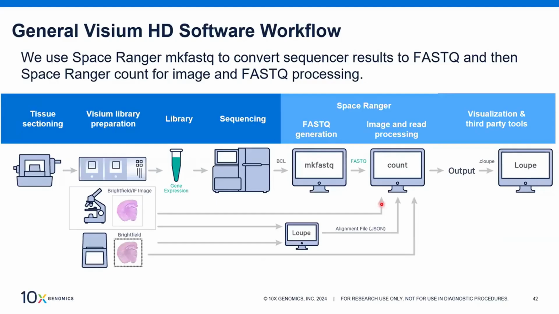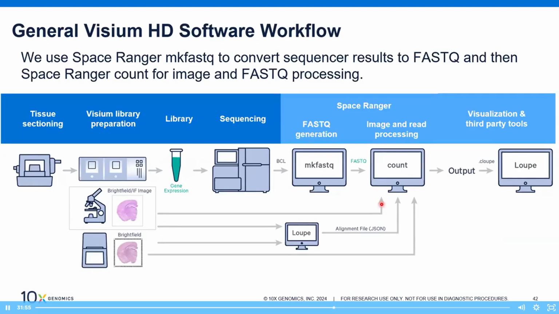When it comes to the general software workflow, we do use two pipelines every time. This is the mkfastq pipeline to convert your BCL files that come out of the sequencer to FASTQ files that you can then use in the subsequent count pipeline. These two, mkfastq and the count pipeline, are the two main pipelines that Space Ranger uses to create an output that you can work with.